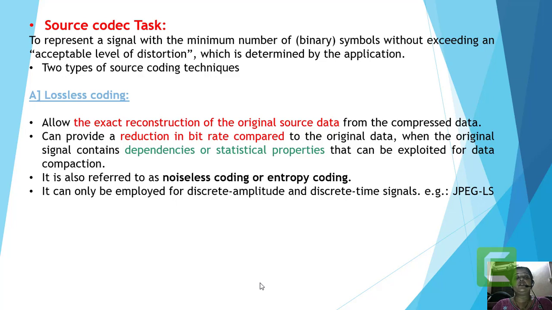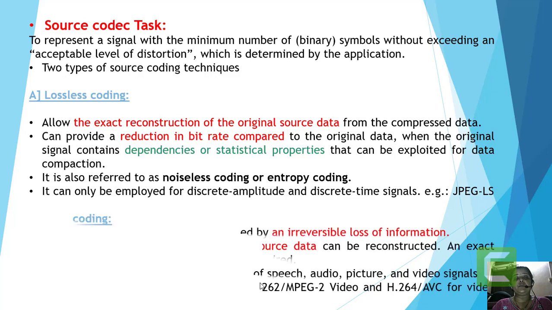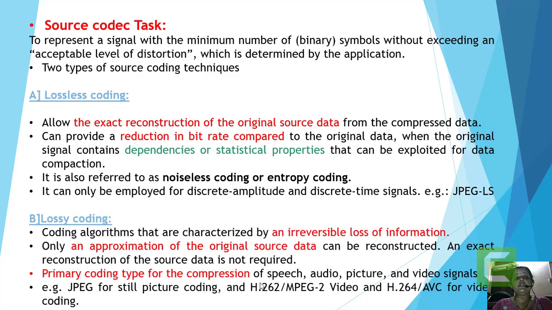This type of coding is also termed noiseless coding or entropy coding. It is employed on discrete amplitude and discrete time signals only. The best example is the Joint Photographic Experts Group, that is JPEG compression, which is used for both image and audio.